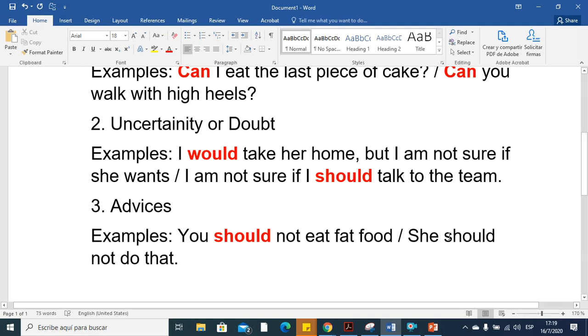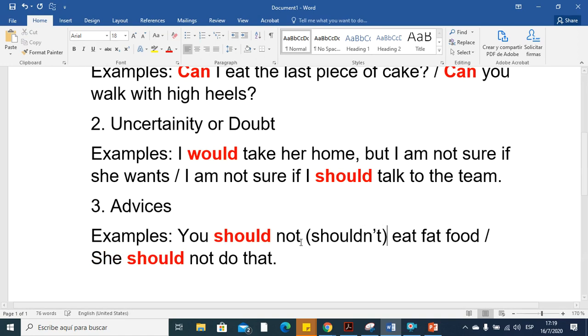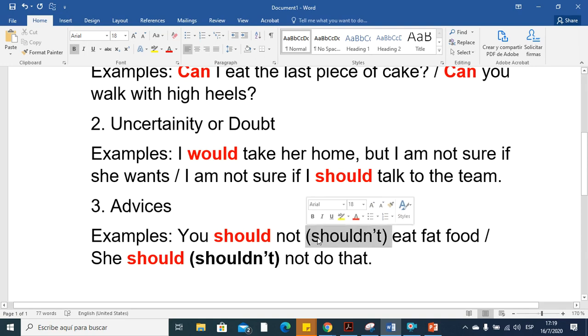Ella no debería hacer eso. In here, if you notice, we are using negative examples, like should not. This can also be contracted, and we could actually say shouldn't, like this. The same in here, we could say shouldn't, which is the exact same thing.